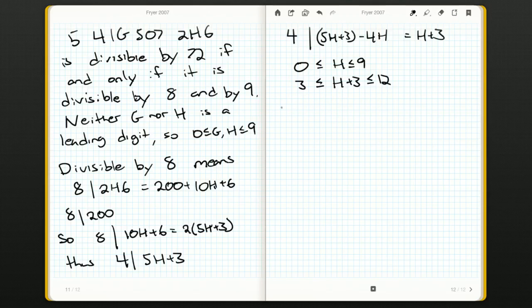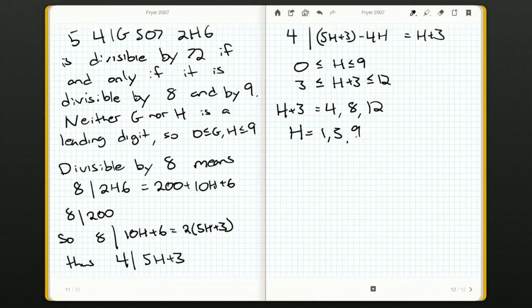So we got a 4, 8, or 12. And that means that H is going to be 1, 5, or 9. Okay, we can double check those. 216, that's divisible by 8. 256, that's divisible by 8. And 296, that's also divisible by 8, giving us 37 there.